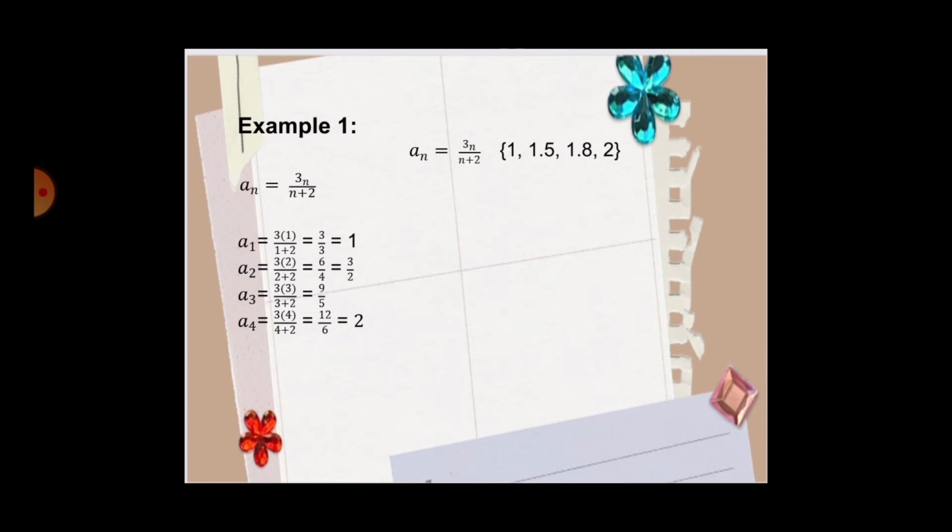So a sub n equals 3n over n plus 2: 1, 1.5, 1.8, and 2.